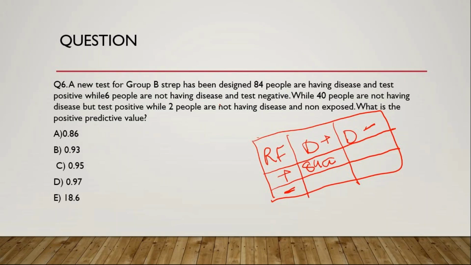While 6 people are not having disease and test negative, so it is true negative, that is D. While 40 people are not having disease but test positive, so it is B, that is false positive. While 2 people are not having disease and non-exposed.